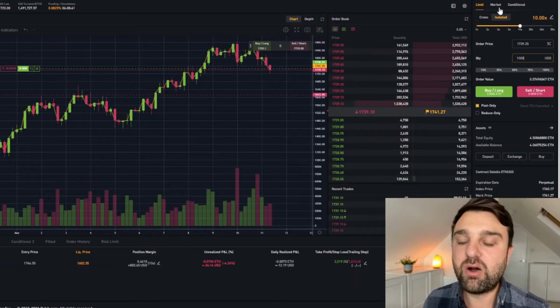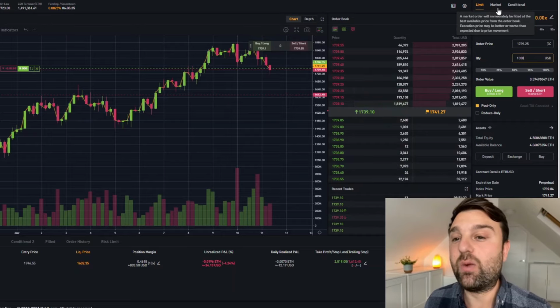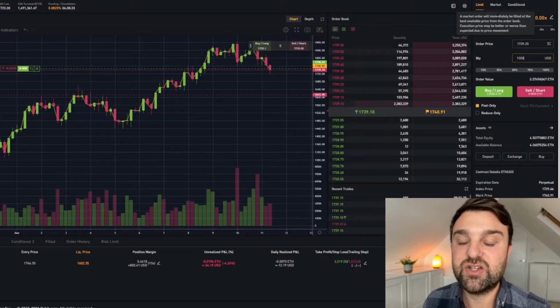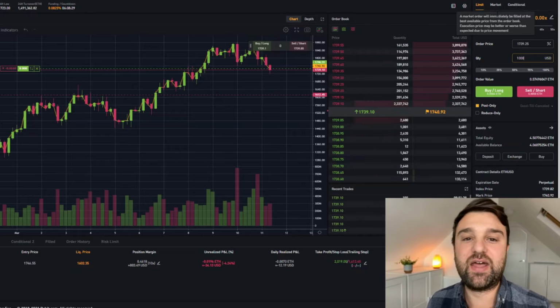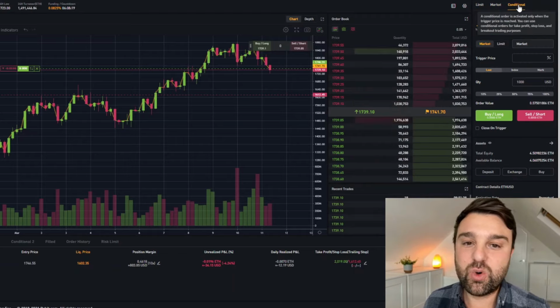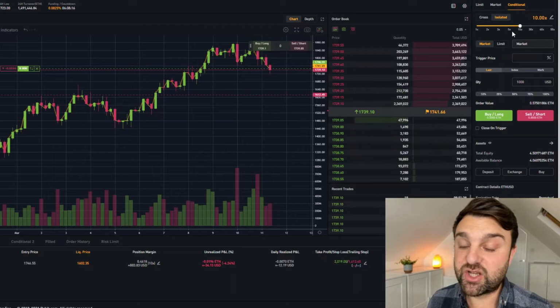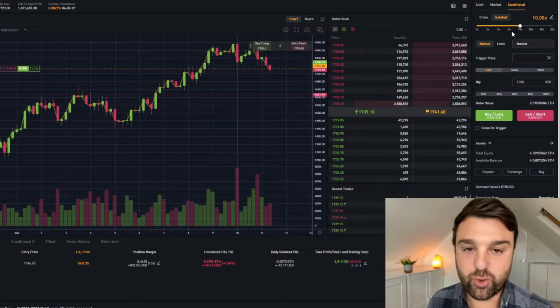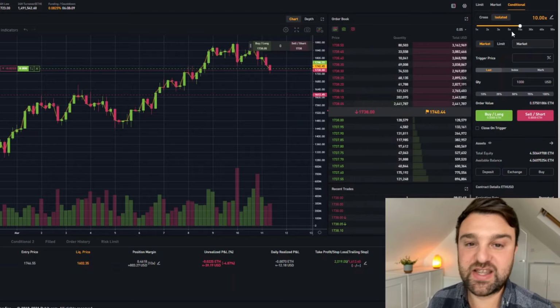The market order is a way to just get into the market at the current market rate. So you can execute a trade quicker, but you may not necessarily get as good a rate as if you were to do a limit order. Now, a conditional order is there for you to put in a price that is triggered, so you can execute a trade, whether it's a short position or a long position, if the price is hit.